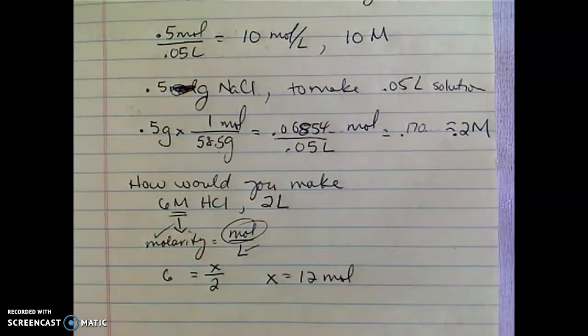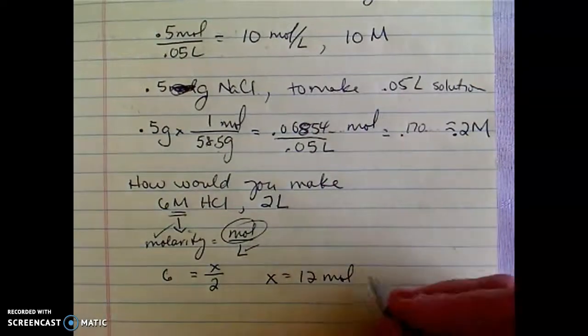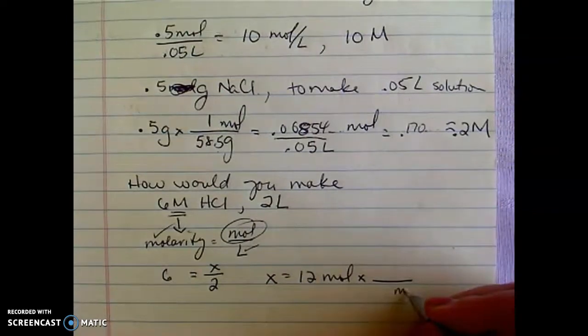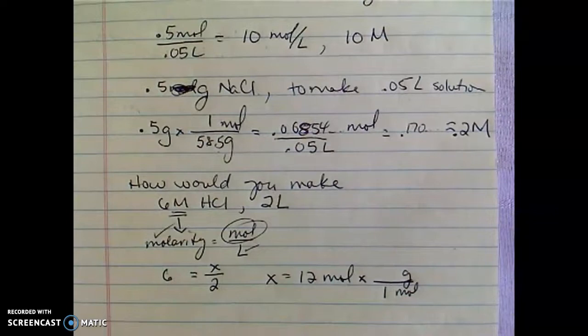All right, so how do we make this? Well, let's go back in the lab and measure out 12 moles. Oh, wait a minute. We don't have an instrument that measures moles. We need grams. So you must change this into grams if you're going to make it. So how do we do that? Well, conversion factors. Moles on the bottom, grams on top. 1 mole is equivalent to the mass off the periodic table.